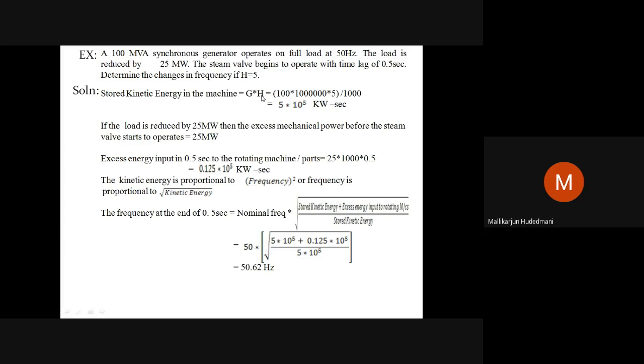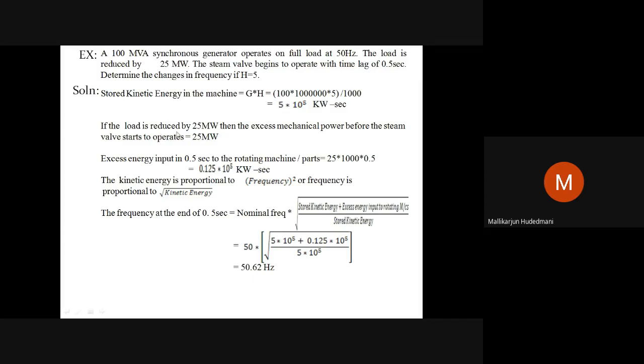H is the inertia constant of the plant or generator. When I operate, I have to write this kinetic energy stored in the form of kilowatt second. Then to convert to kilowatt second, divide by 1000. This is a standard representation of stored energy in kilowatt second calculations. So GH divided by 1000 makes it kilowatt second.